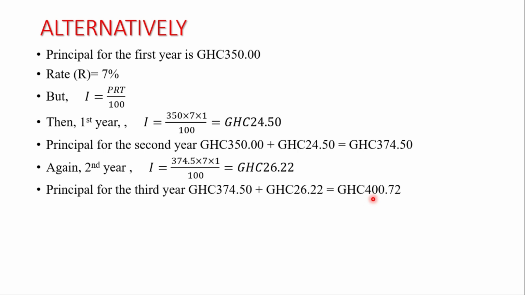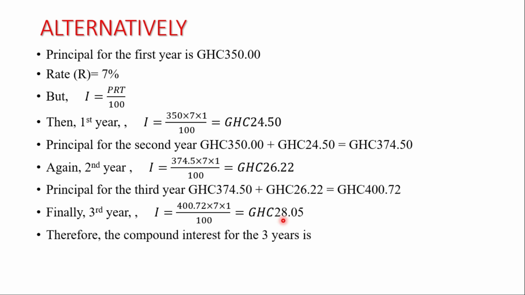So I'm going to reinvest 400.72 Ghana cedis, and I'm going to get an interest of 28.05 Ghana cedis. Therefore, the compound interest for the 3 years is, so you add all the interest for the 3 years. The first year is this, the second year is 26.22, and the final year is 28.05.